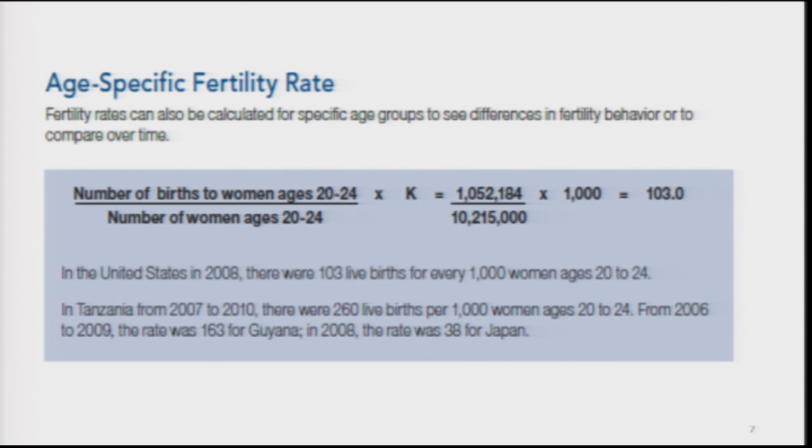For example, the age specific fertility rate in the age group 20 to 24 will be the number of births to women aged 20 to 24 divided by the number of women aged 20 to 24.